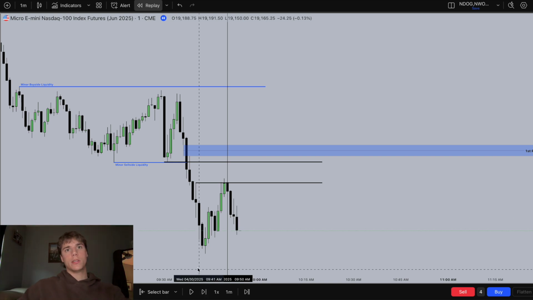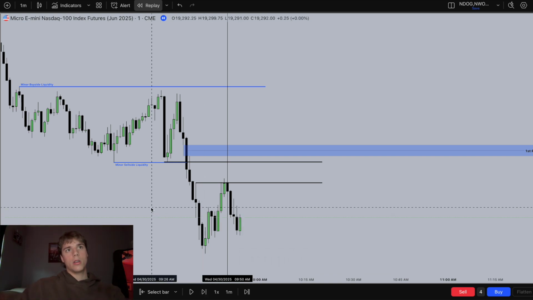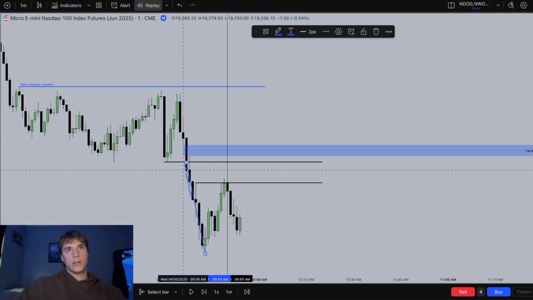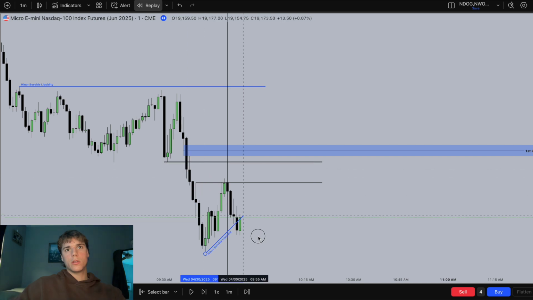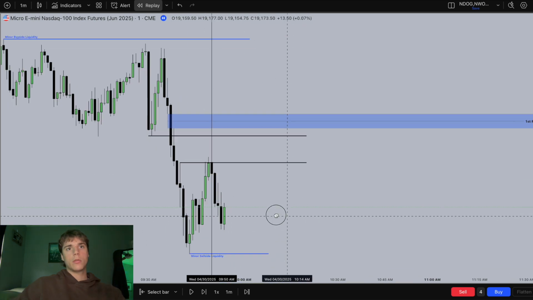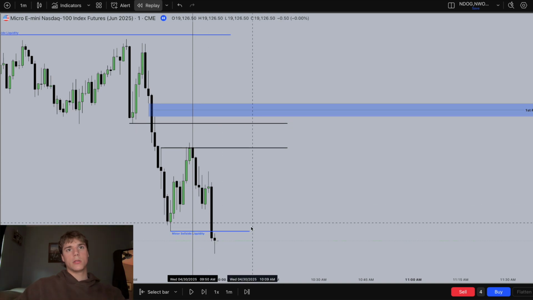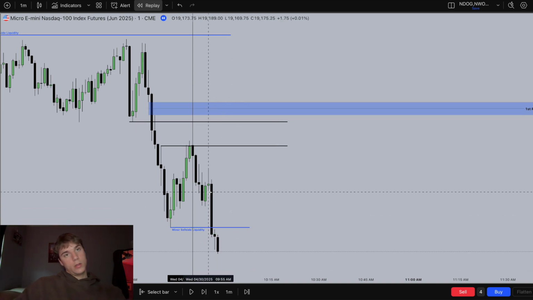And we want to see if we can take out another minor sell side liquidity now that we are inside of the macro time. Let the rest play out. Okay, so now this is super bearish because we have a fair value gap going to the downside.